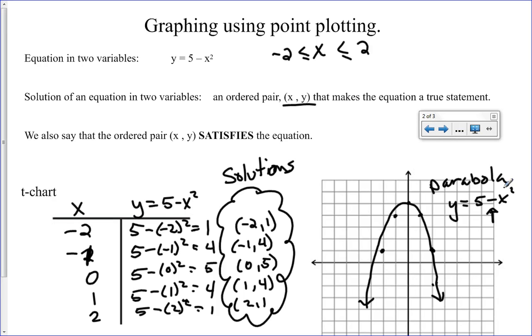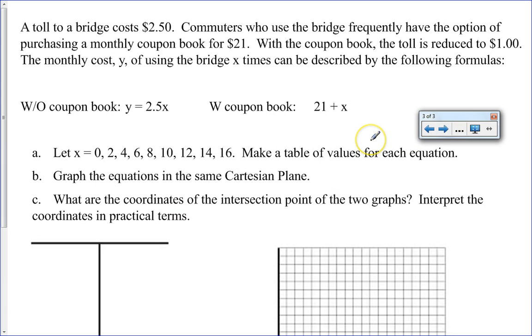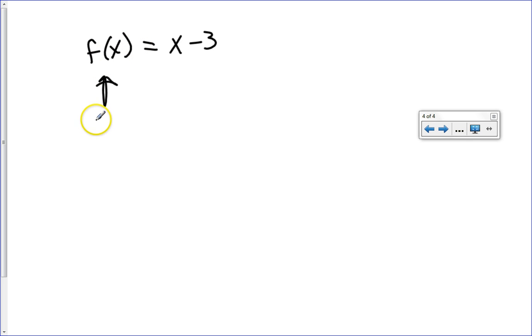There is one other type of problem in your homework that you're going to run into, and it looks like this. Say you have something that says function f of x equals x minus 3. Now remember, this function f of x is basically the same thing as saying y. Those two things basically mean the same thing on a coordinate system.